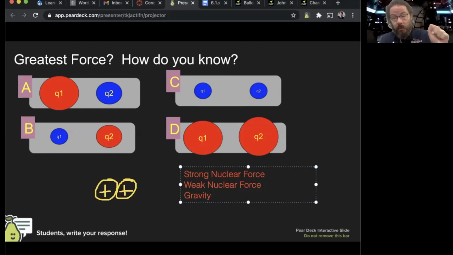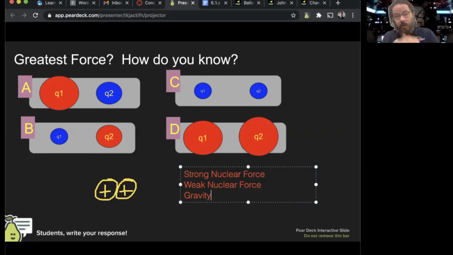It's just like you put a book on a table. Gravity is pushing down, but the table's pushing back up, so the book doesn't go anywhere. So there's an electric force pulling them apart, but there's a strong nuclear force also holding them together. And the strong nuclear force is stronger, so they stay stuck together.